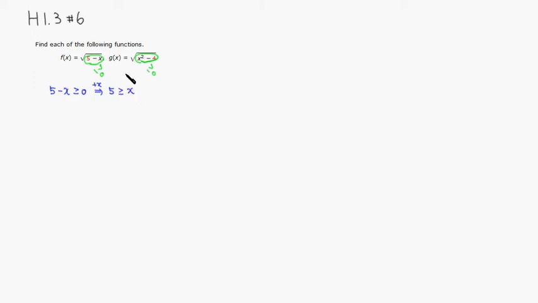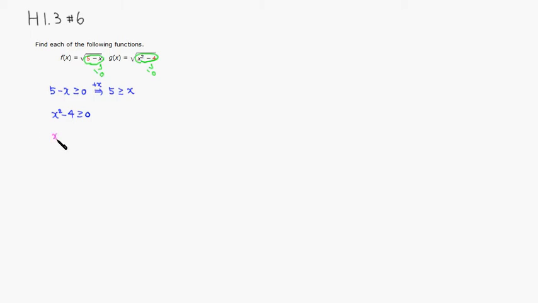The same way, x squared minus 4 is greater than or equal to 0. This is a little tricky one. Pretend that this is equality, so I'll use a different color.